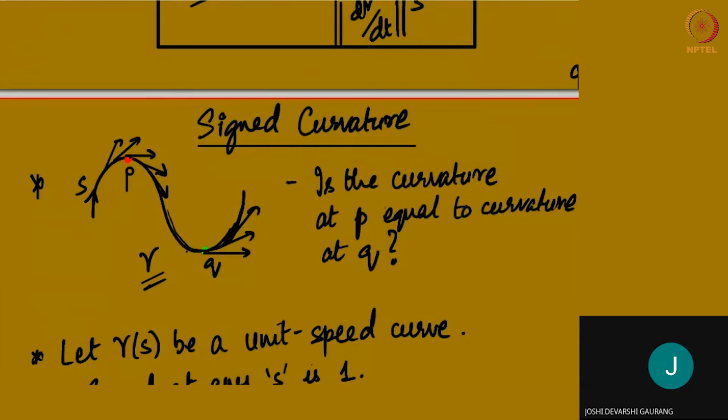If you look at how the velocity vector is changing around these two points P and Q, around P it is rotating in a clockwise direction, whereas around Q the tangent vectors are rotating in an anti-clockwise direction, right?